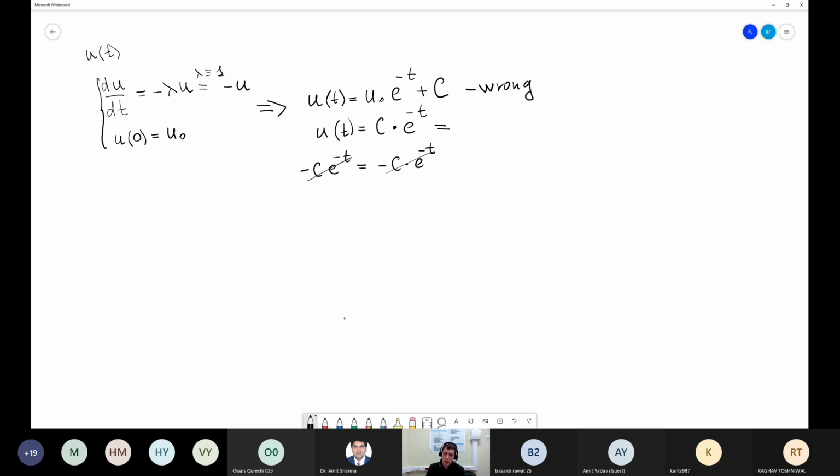To estimate the value of c, we have to substitute 0 here. u subscript 0 will be c multiplied by e to the power minus 0, which equals c, and we have here the initial condition. So finally, the answer to this Cauchy problem is u of t equal to u subscript 0 multiplied by e to the minus t. This is correct.